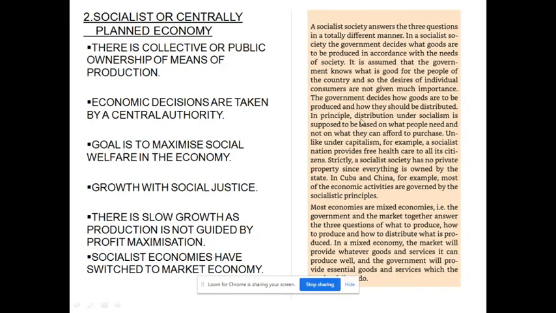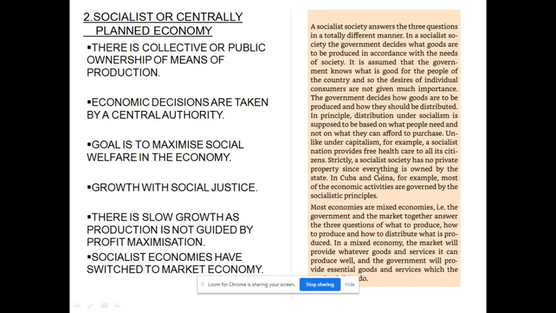So in socialism, unlike capitalism, socialism aims to provide growth with social justice. And so socialist societies therefore provide free healthcare or other free facilities for the citizens because it takes care of the point that distribution should be based on what people need. And the government is the owner of all resources.